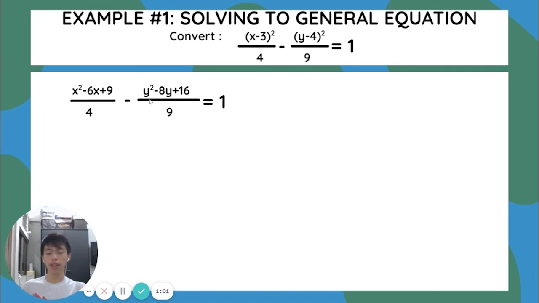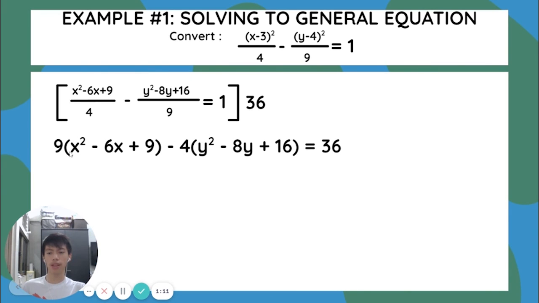Second, we will find the LCD of 4 and 9, which is 36. 36 times this term, (x squared minus 6x plus 9) over 4, should give us 9 times (x squared minus 6x plus 9). 36 times this term over 9 will be negative 4 times (y squared minus 8y plus 16) equals 36.